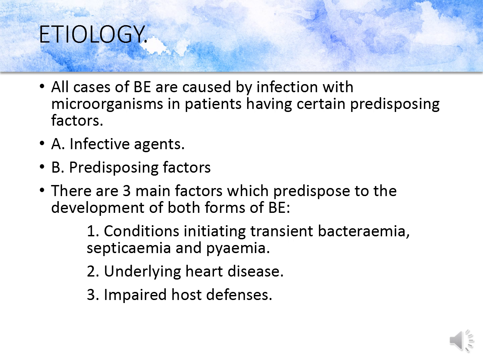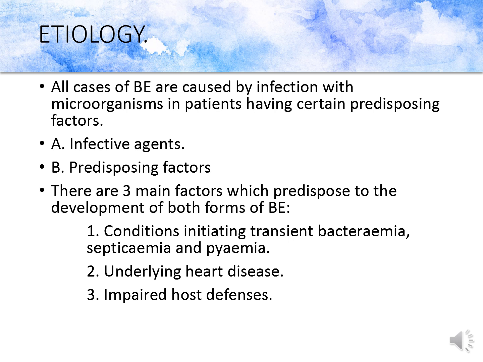All cases of bacterial endocarditis are caused by infection with a microorganism in patients having certain predisposing factors. So, infective agents are important, and predisposing factors also play an important role.